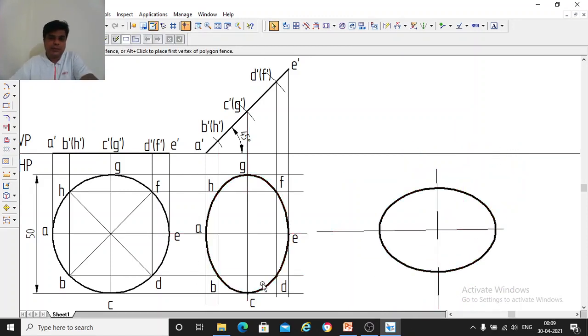So the circle you have redrawn here so that this diameter CG is horizontal now. So I am rotating it clockwise. So this is now CG.